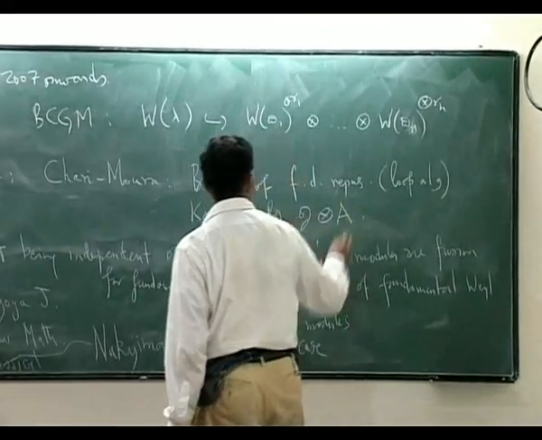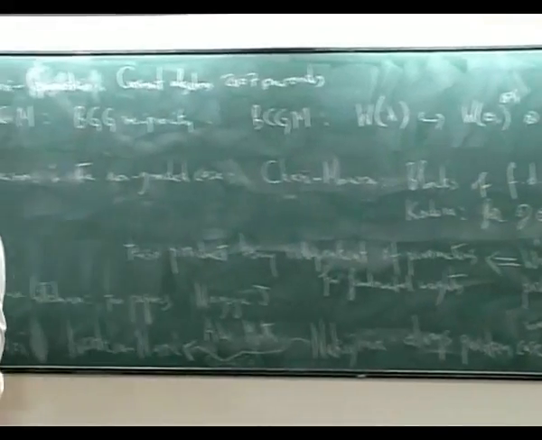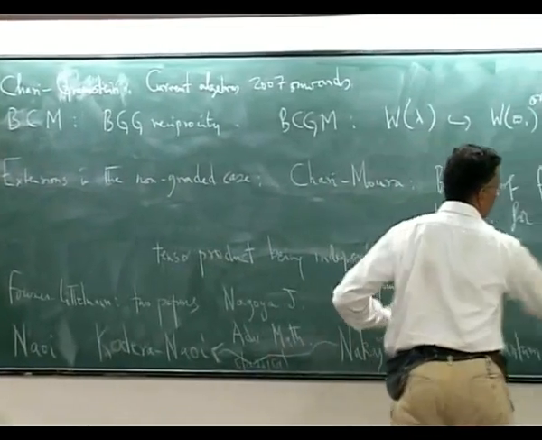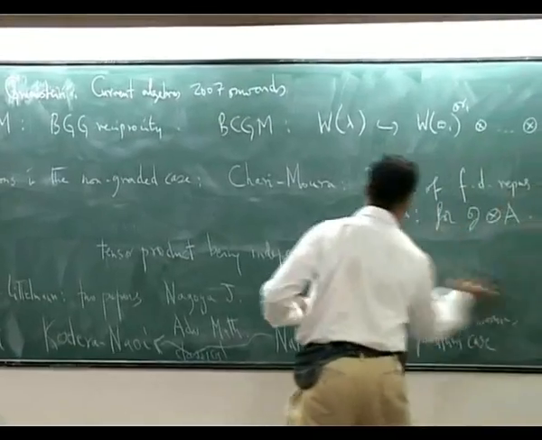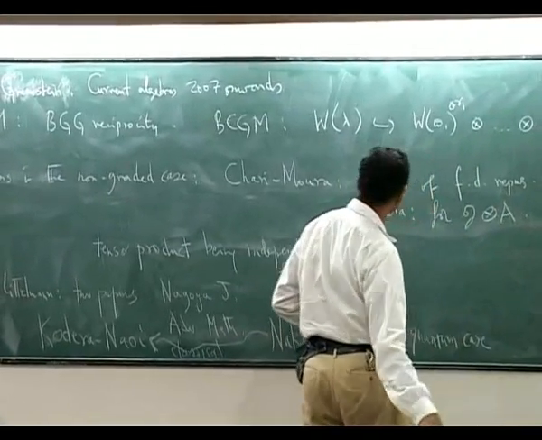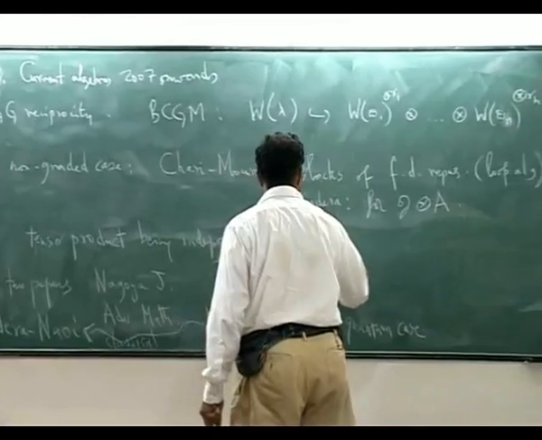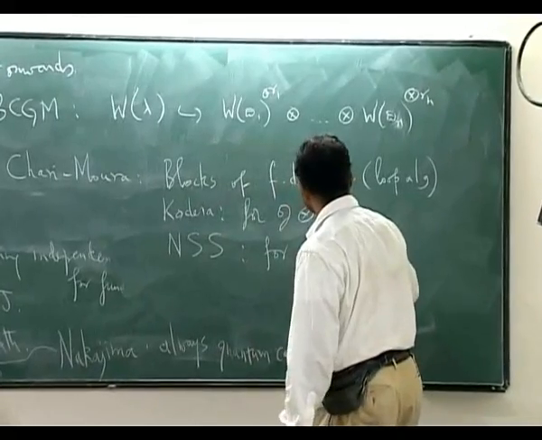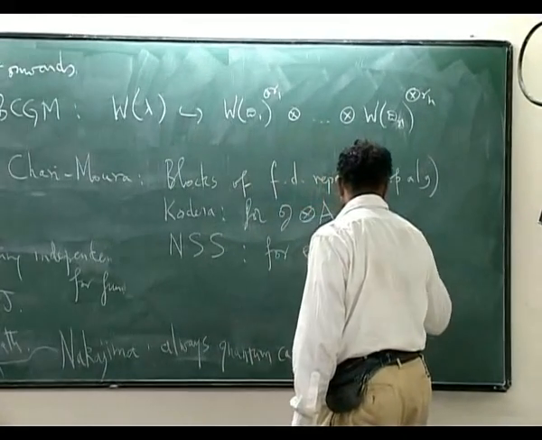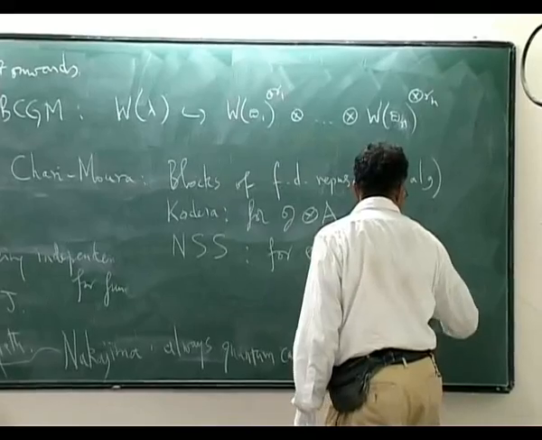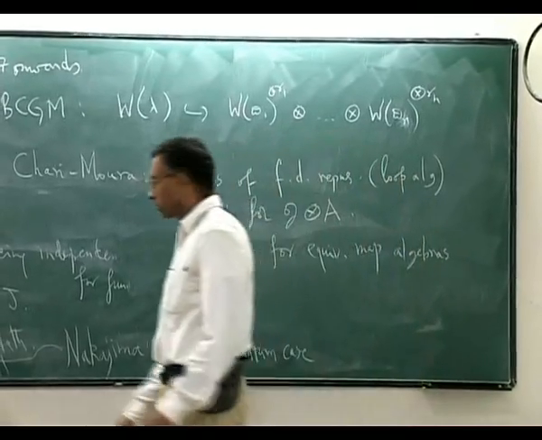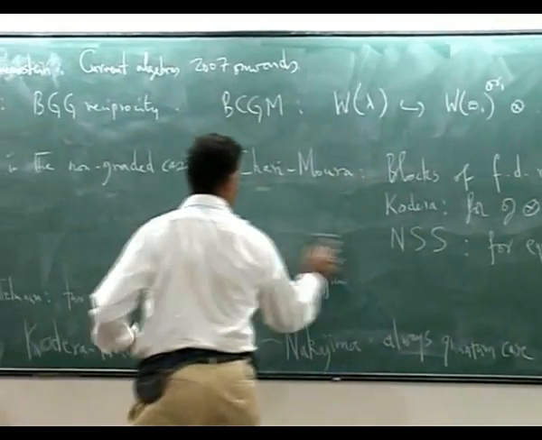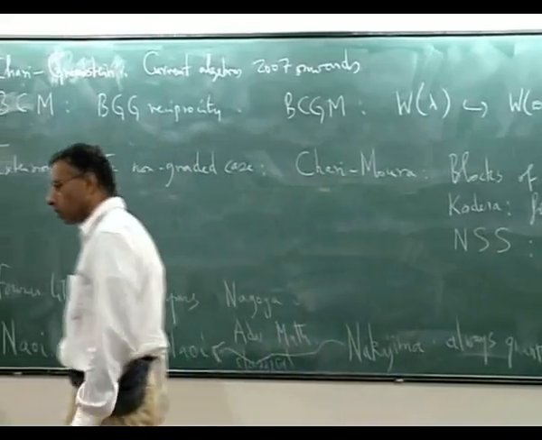And now Senesi and Savage and Nair did it for equivariant map algebras. And I think Jakelic and Moura did this similar thing for characteristic p, finding the blocks. What is characteristic p?